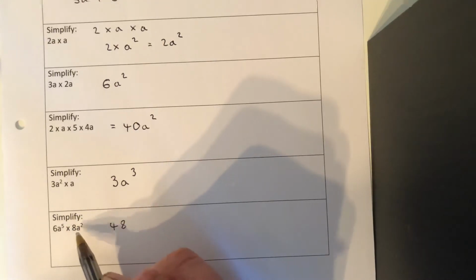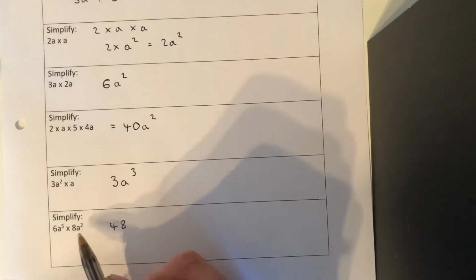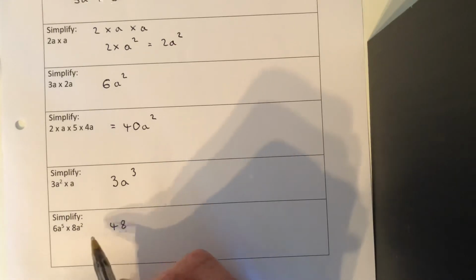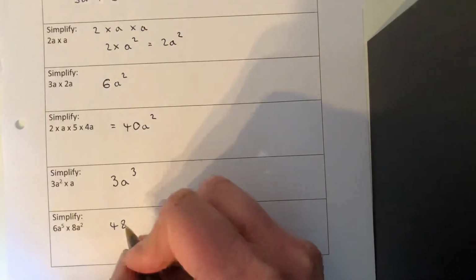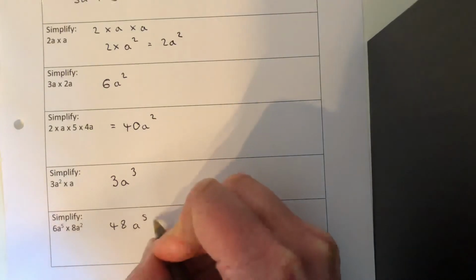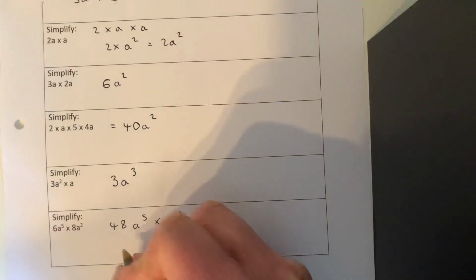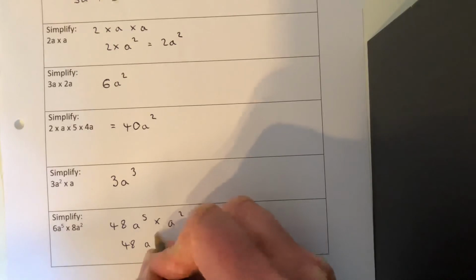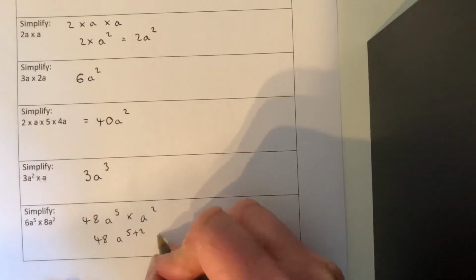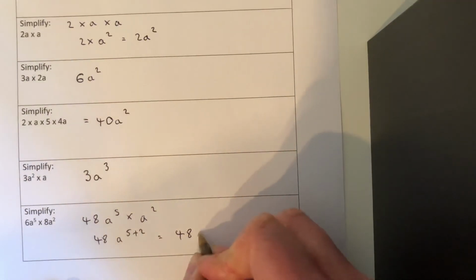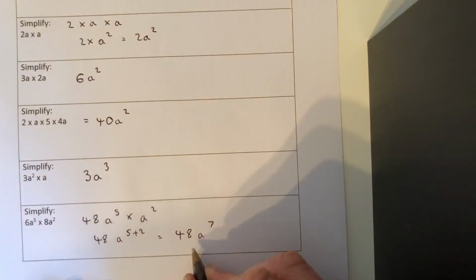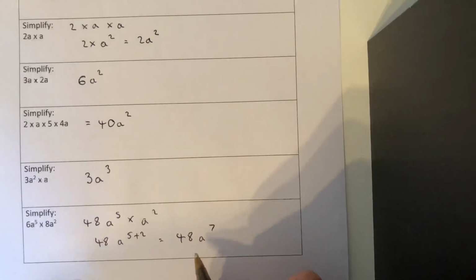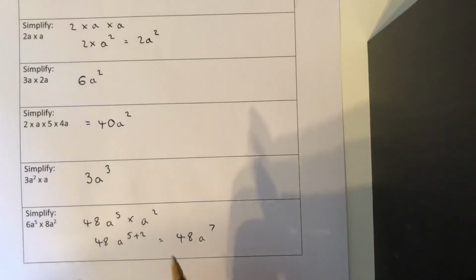And then we're multiplying that by a squared, which is a times a. So we're doing a little bit of, remember our indices work here. We've got a to the 5 times a to the 2. And that will give us a to the 5 add 2. And of course, we've got a to the 7. Of course, the 48 will have to sit there as well. So we've got 48 lots of a to the power of 7.